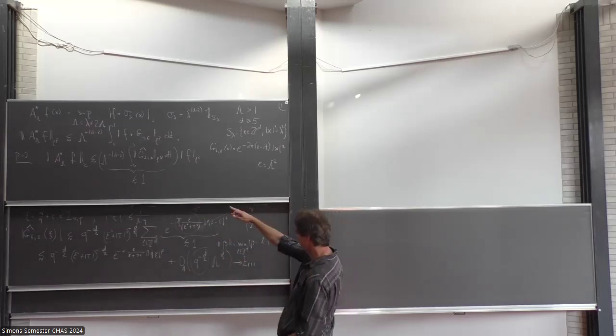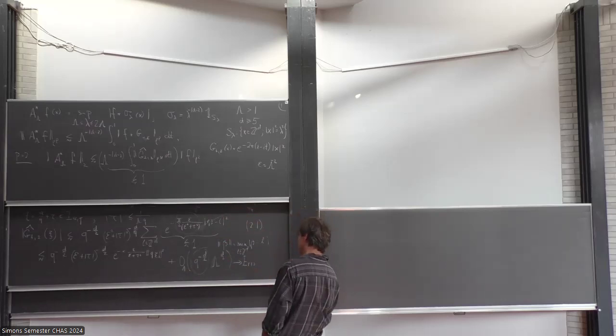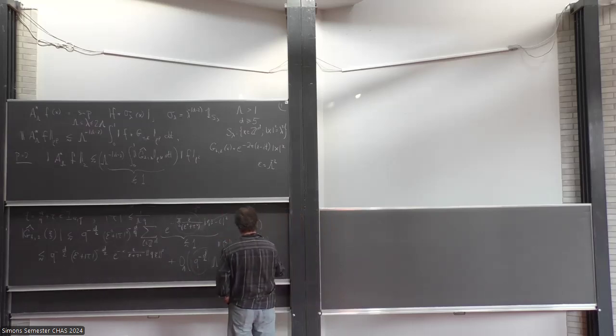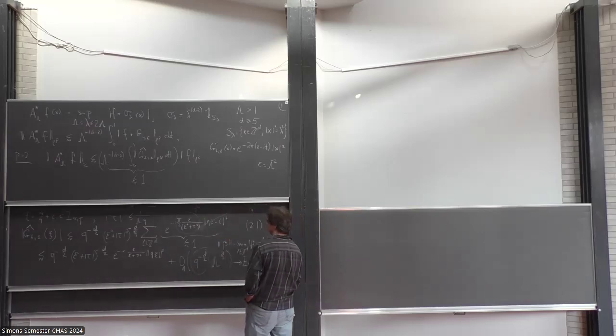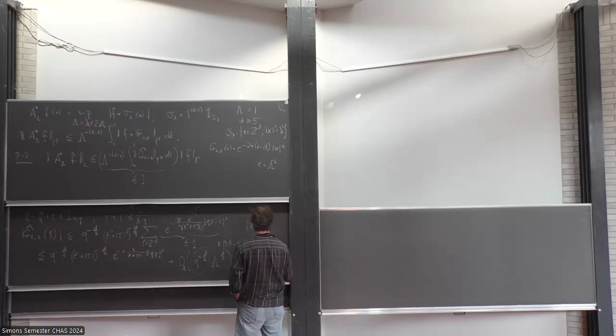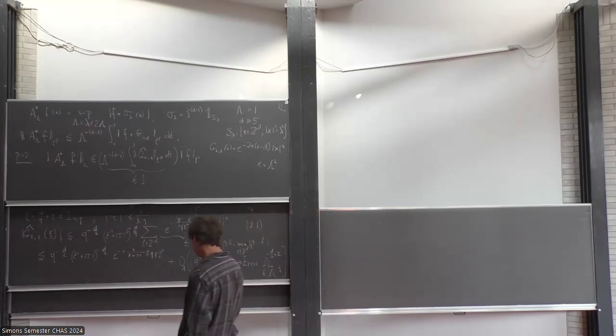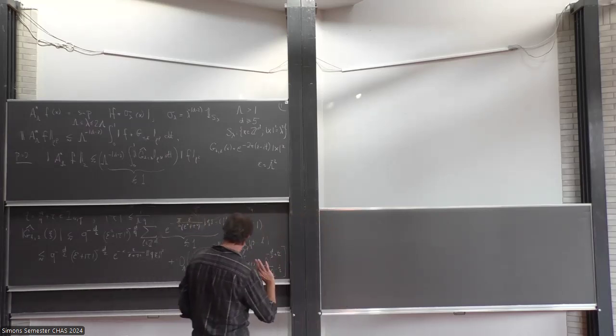But then I have a normalizing factor, lambda to the minus d minus 2, so this gives an error term in the whole expression, lambda to the minus d over 2 plus 2, which is less than or equal to lambda to the minus 1/2. And in the rest of the calculation, this error term won't really matter.